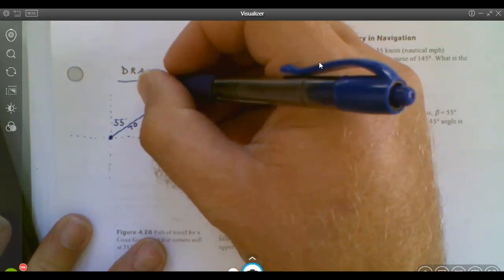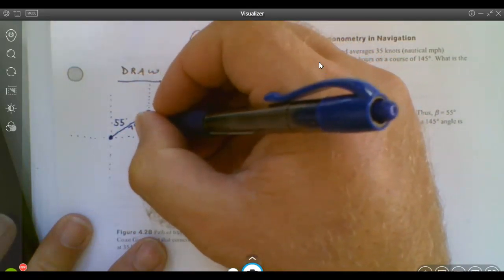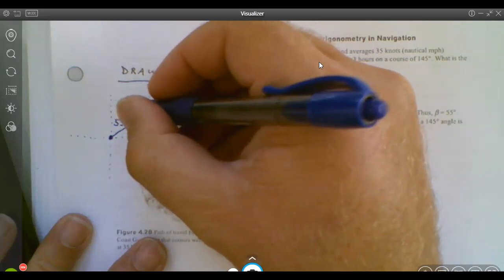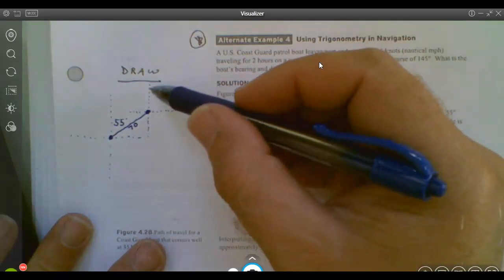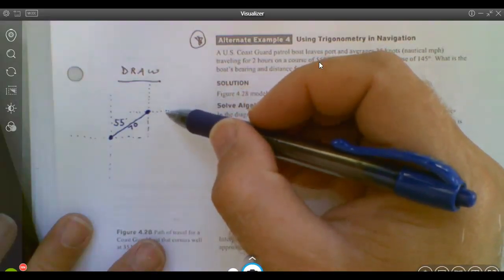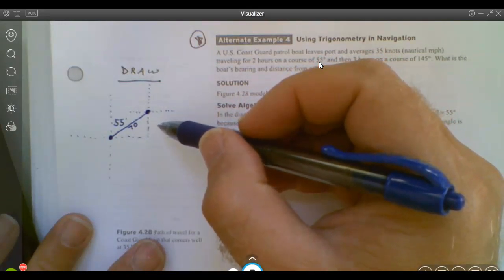So remember that is 145 from the north, from where he's at now. So here's my new compass. So here's 90. Halfway through the next part would put me at 135. He's going 145, so I'm going at about this angle right here.